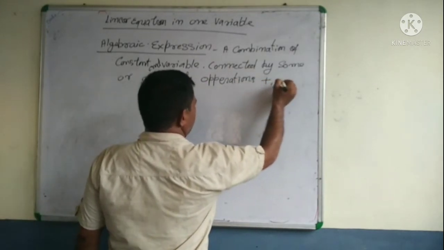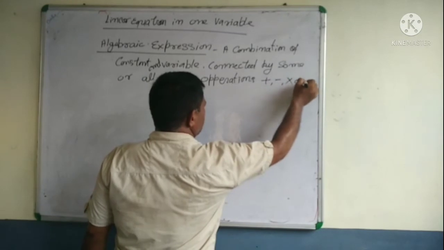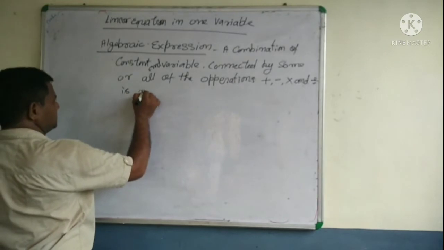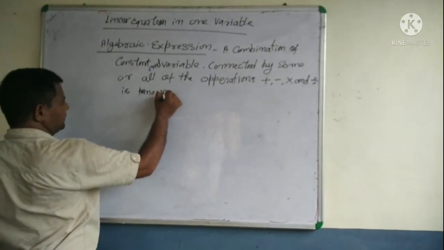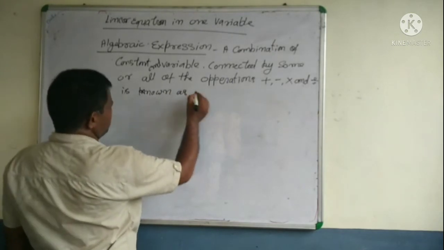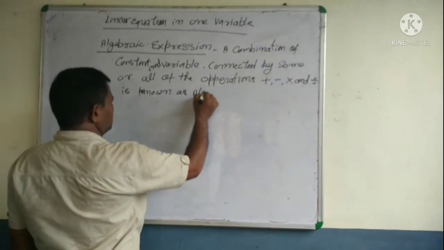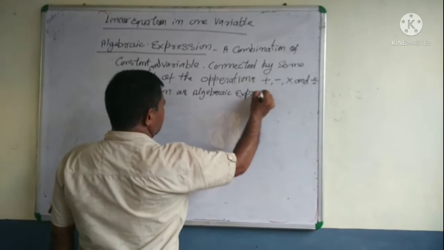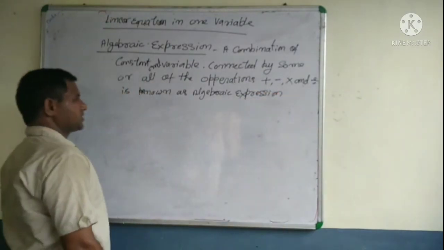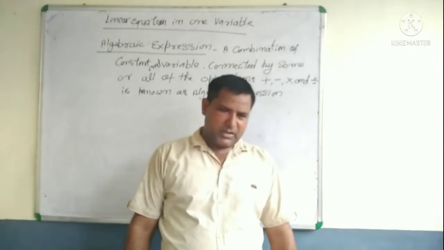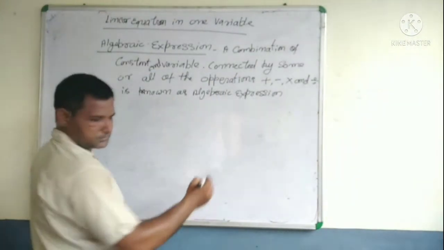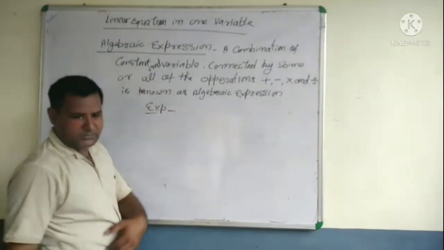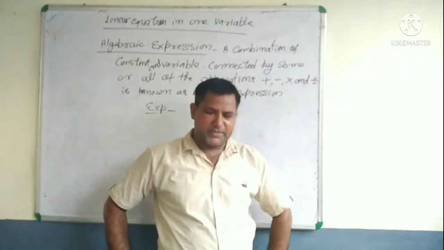A combination of constants and variables connected by some or all of the operations plus, minus, multiply and divide is known as an algebraic expression. Example: we will take an example of an algebraic expression.